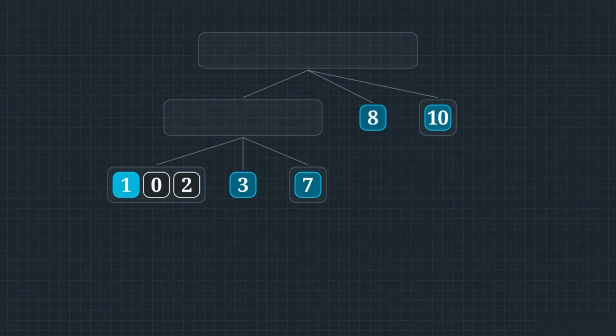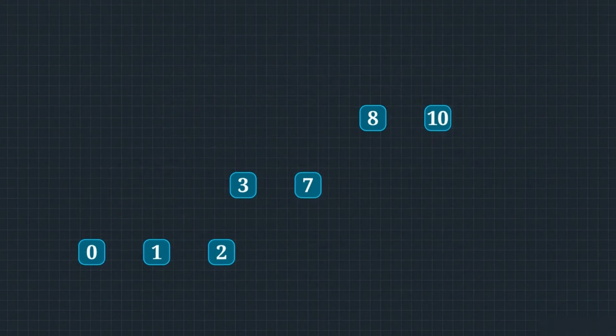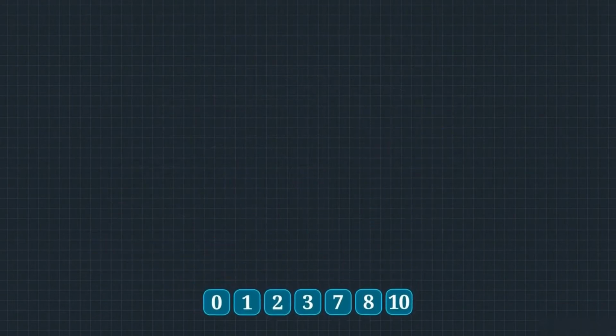The recursion continues until it reaches the smallest possible subarrays. Here, 1 becomes a pivot, separating 0 and 2 into individual nodes of length 1. When every recursive call hits these single-element base cases, the process is complete. The tree structure ensures that the entire array is now fully sorted.